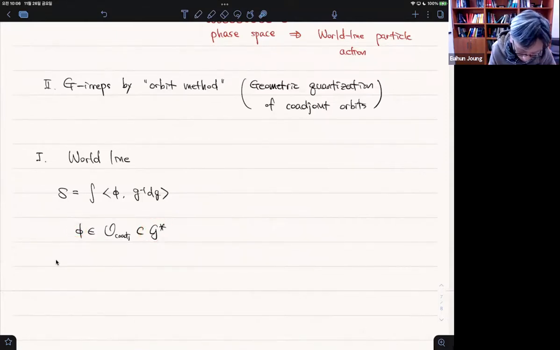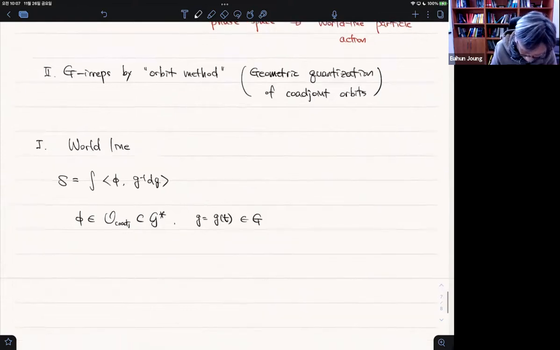By that, we select a certain orbit in it. And G is nothing but a function of t, where here the source manifold is the worldline, the one-dimensional one, and it is Lie group valued. As we said, what is relevant here is the group element modded by the stabilizer.